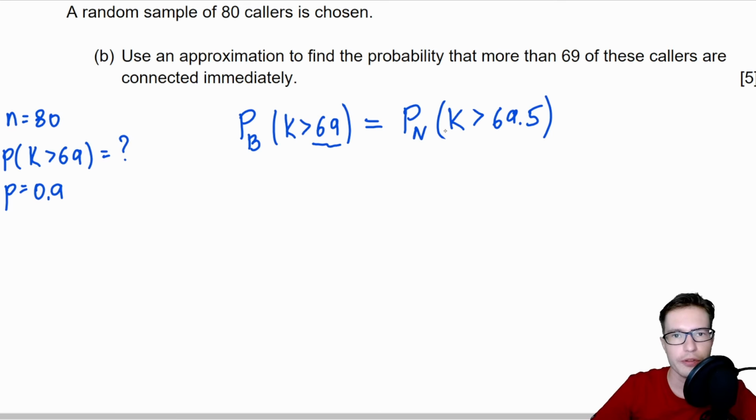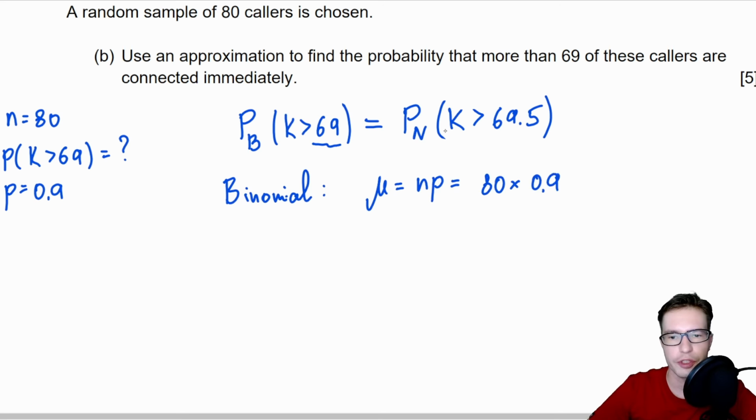Now, at this step, we will have to standardize our normal distribution, and for that we need the mean and the standard deviation. Now, we can use binomial distribution to calculate those. Those formulas are given in the formula sheet. So mu is going to be n times p, so 80 times the probability of success, 0.9, that is 72.